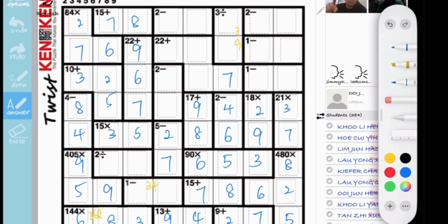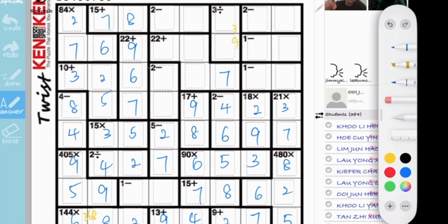For this one, we can also fill in the numbers. Same goes for 3, 4. And here will be 6.